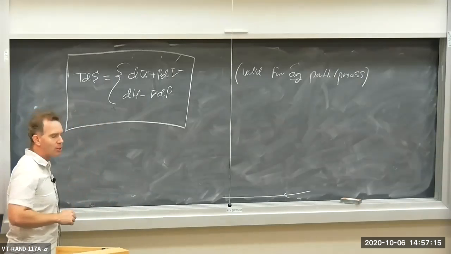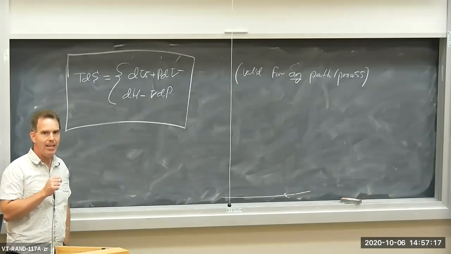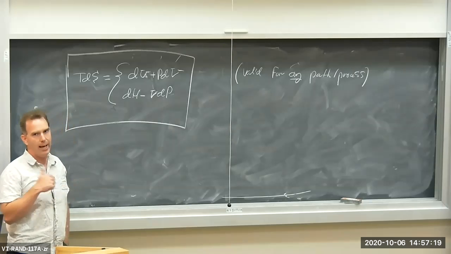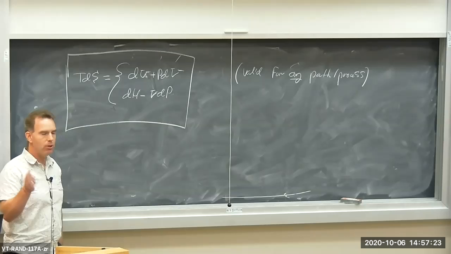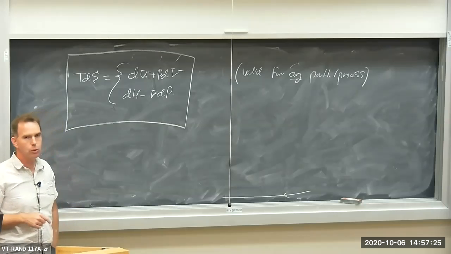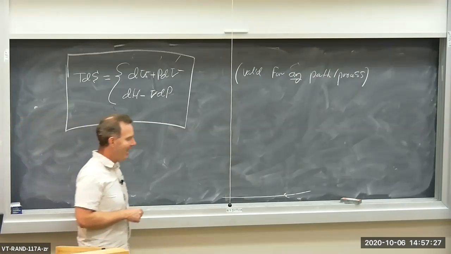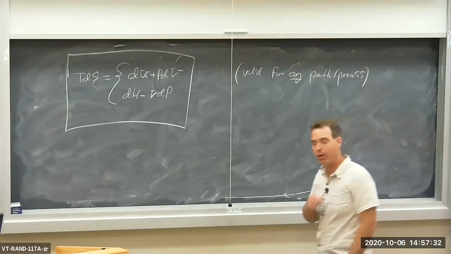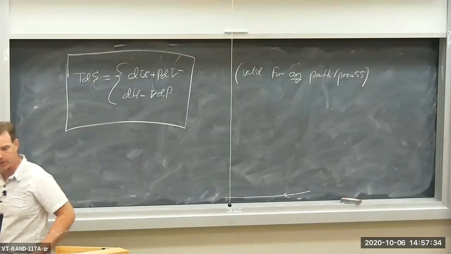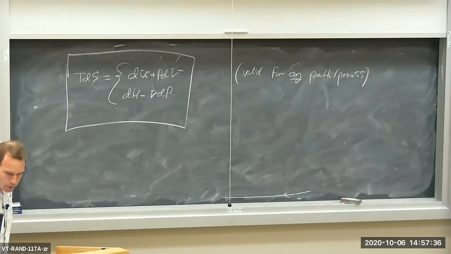Put a big box around this. This is valid anywhere: in the dome, outside of the dome, superheated vapor, supercooled liquid. This equation is true for any process, for a differential process. Let's take a little break here and we'll reduce it down to other versions.